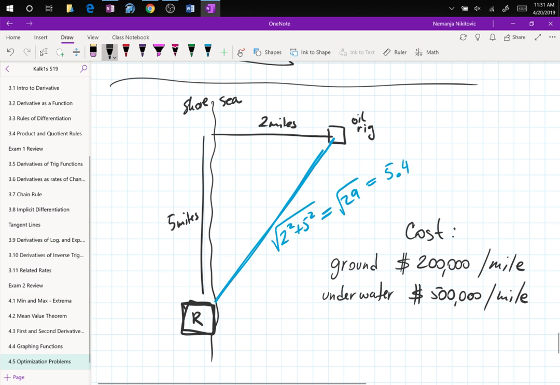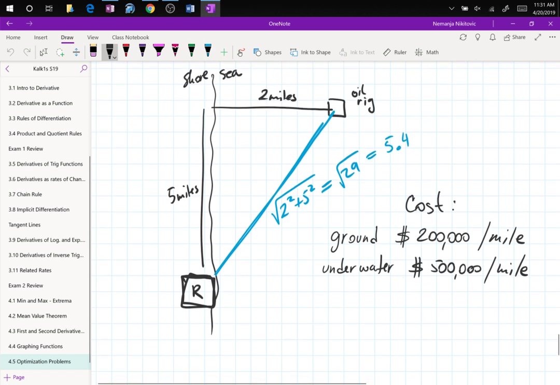This could be much cheaper than what it actually is. I'm just tossing any numbers out there. So, do we need calculus knowledge to calculate the black and the blue route and how much it is going to cost? Right, if this is route 1 and this is route 2.